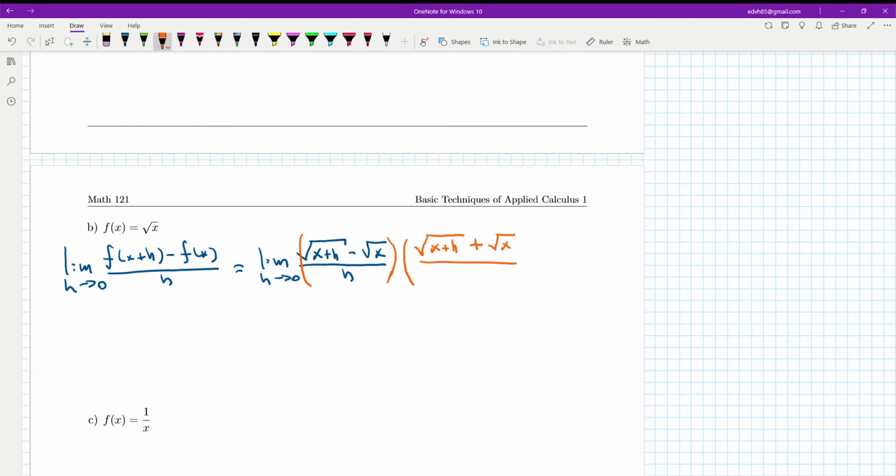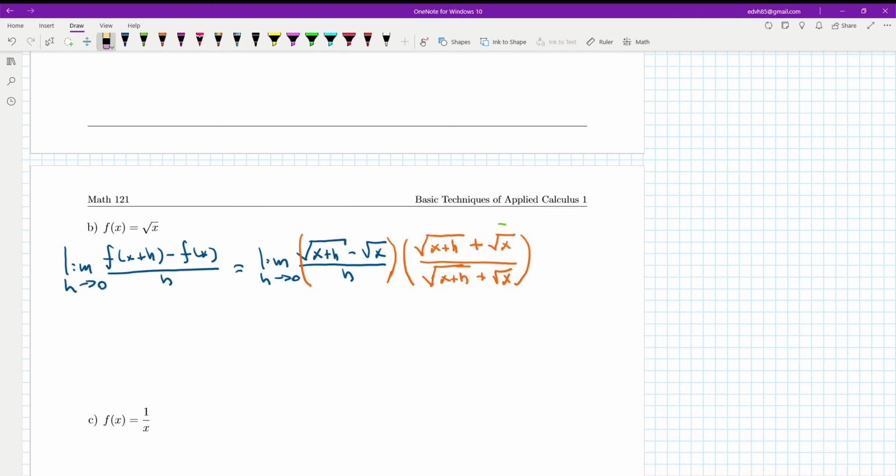So let's do that then. And of course, also back in section 2.1, we discussed that we could either FOIL this, but that's going to take a good minute to complete.